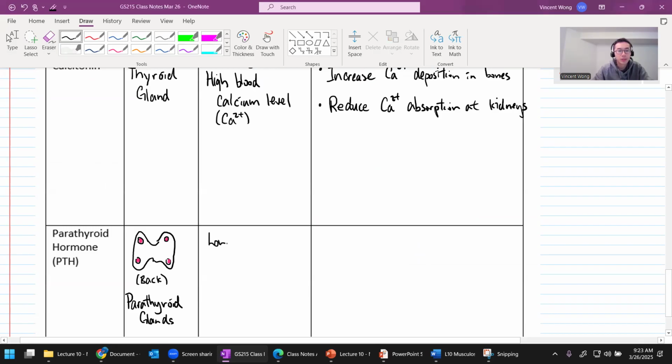And the trigger is low blood calcium level, not enough calcium.